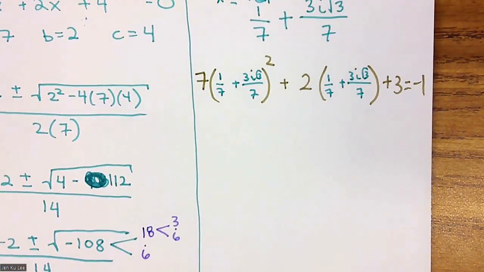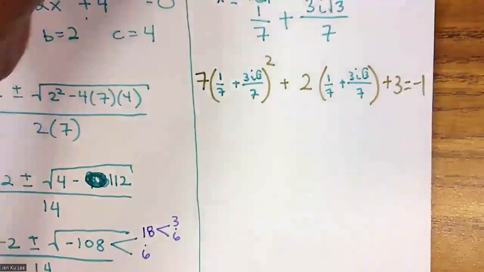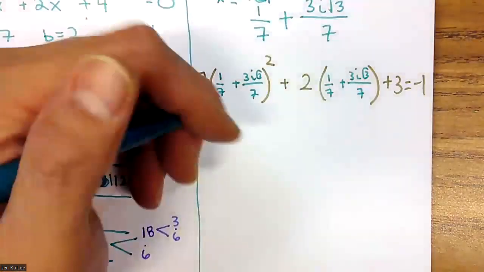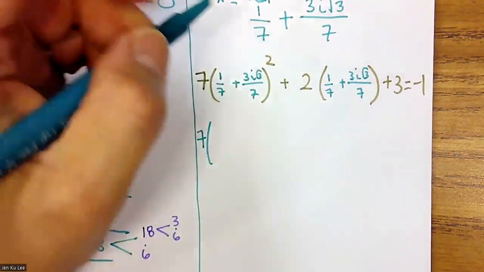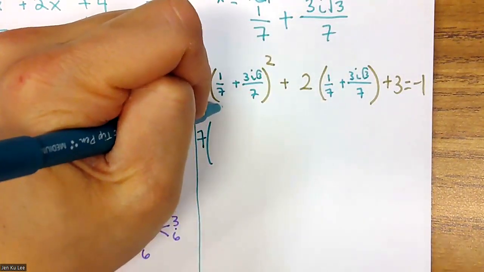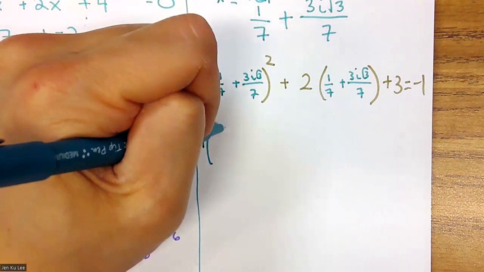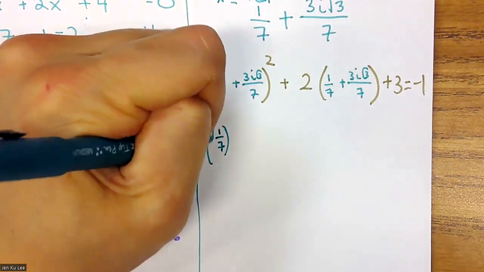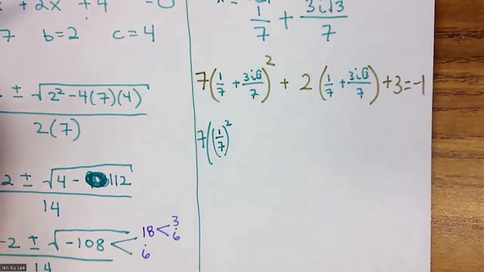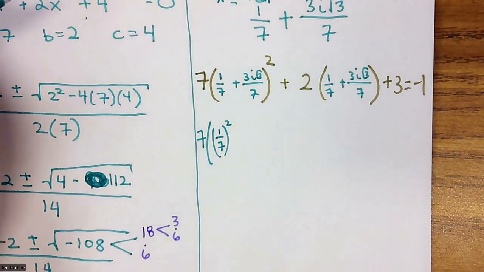When you square this, all I'm doing, class, I'm going to just put that 7 outside, is squaring the first term. Okay?